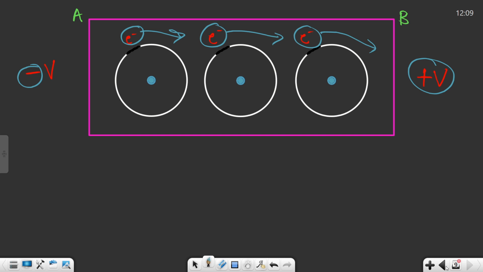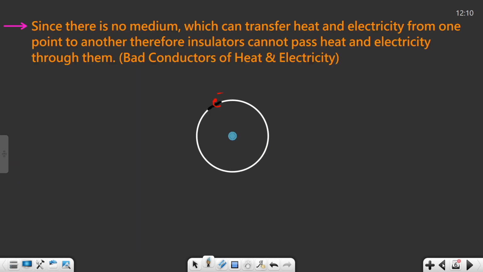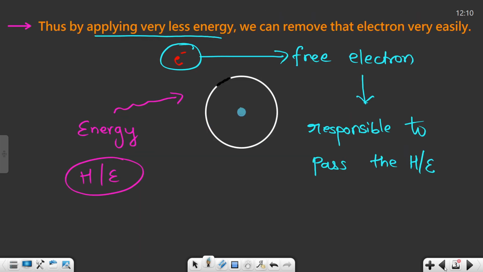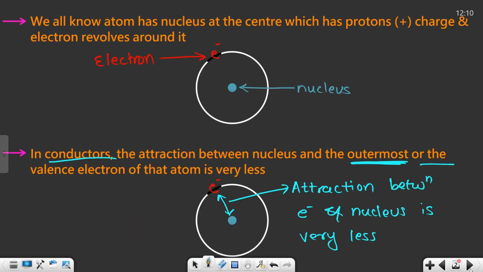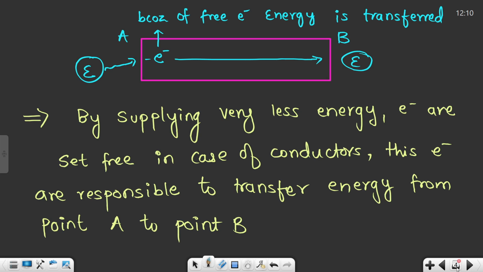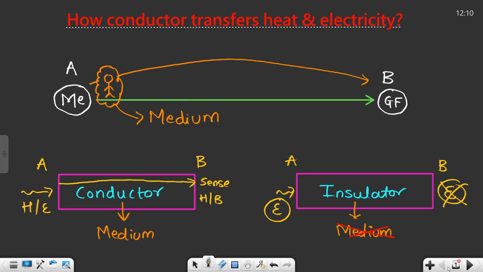With this, we concluded what is present inside the conductor that is responsible for conducting heat and electricity, and what is not present in case of an insulator. Let me quickly revise what we did. At first, I gave you an example: this is me staying at point A. At point B is my hypothetical girlfriend, and you are her neighbor.